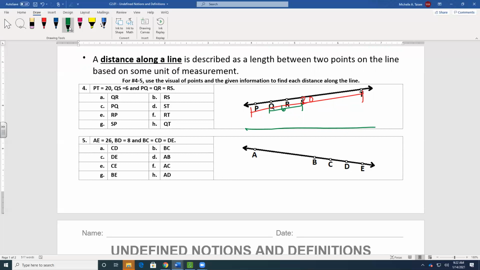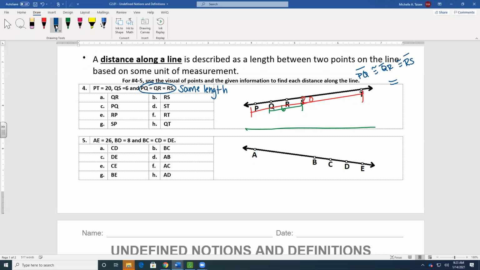All right, and then PQ equals QR equals RS. What does that mean? They all have the same length. So I can say that line segment PQ is congruent to line segment QR, which is congruent to line segment RS.